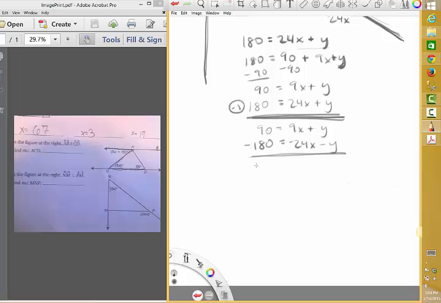90 plus -180 is -90. -24 plus 9 is -15. And y minus y is nothing, so we can leave that out.